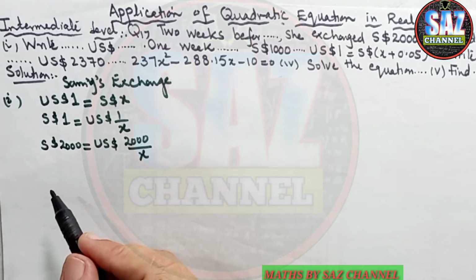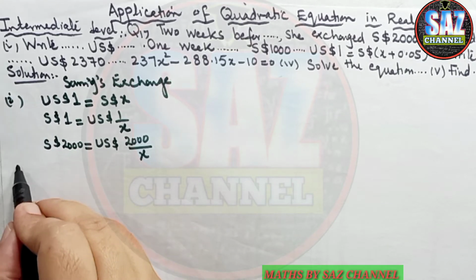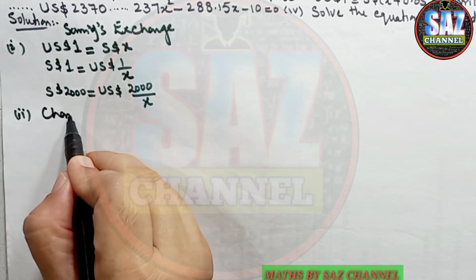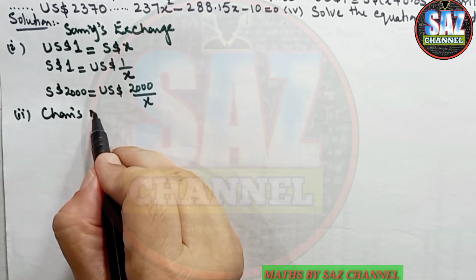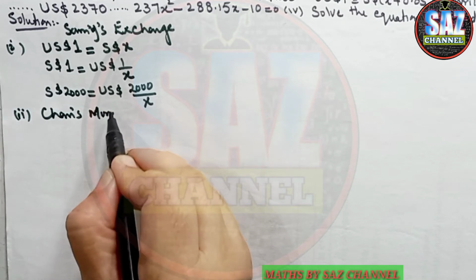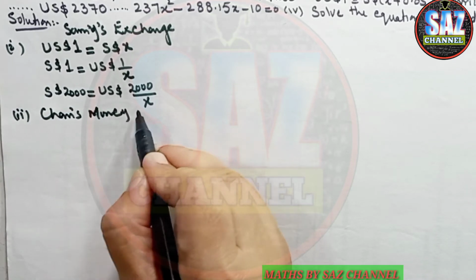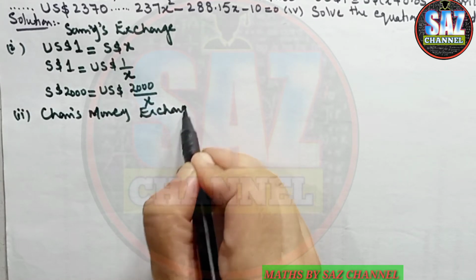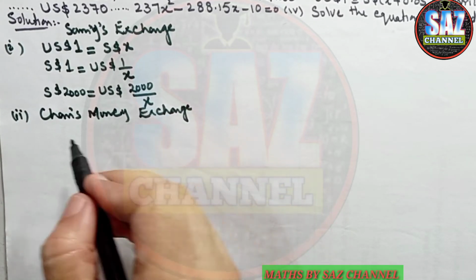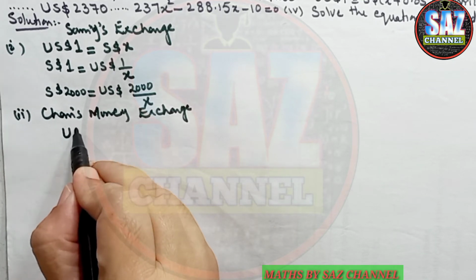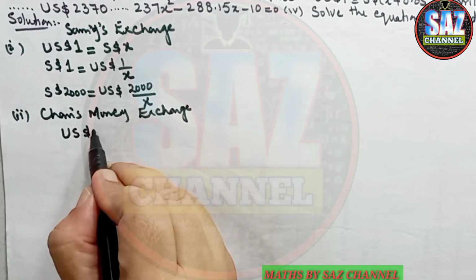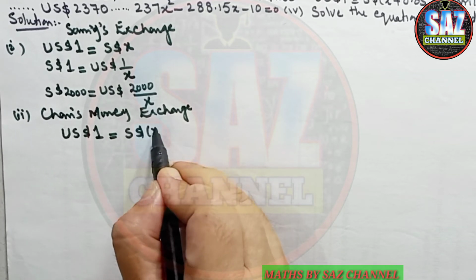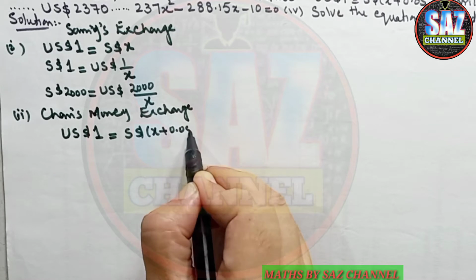Now for the Chan's money exchange, the second part, the exchange rate given is US dollar 1 equals to Singaporean dollar X plus 0.05.